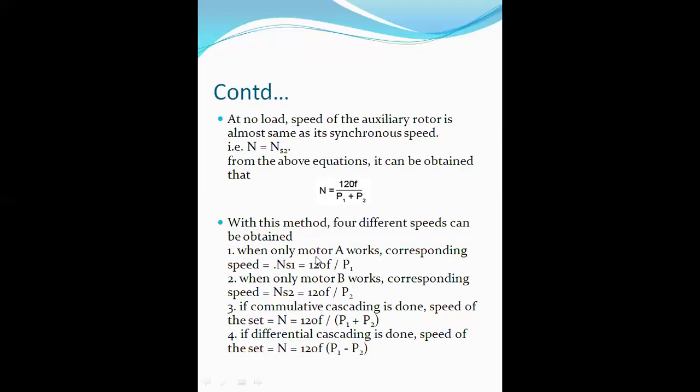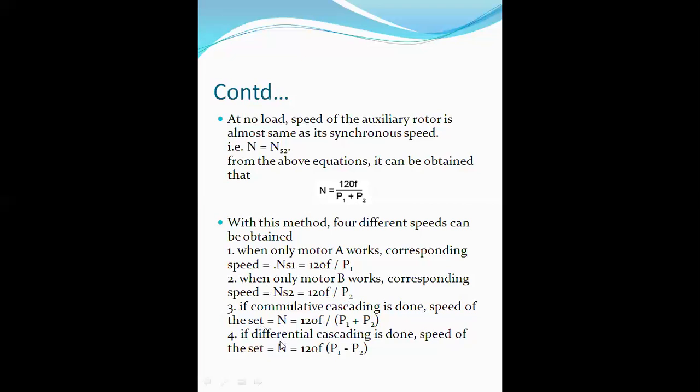When only motor A works, the corresponding speed is Ns1 equal to 120 F by P1. And when only motor B works, the corresponding speed is Ns2 equal to 120 F by P2. If cumulative cascading is done, the speed of the set is N equal to 120 F by (P1 plus P2).